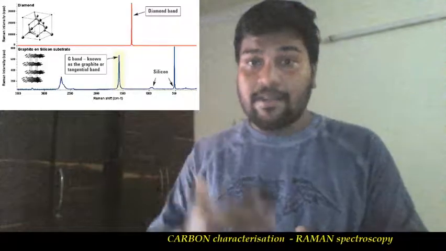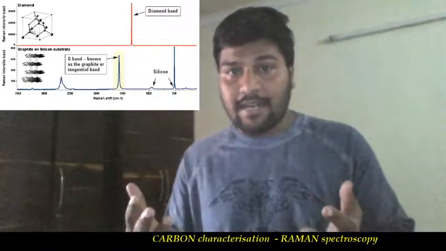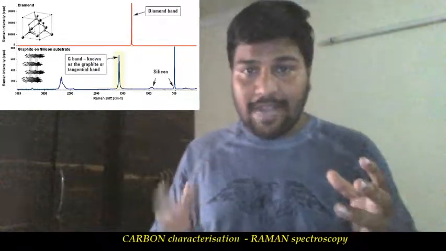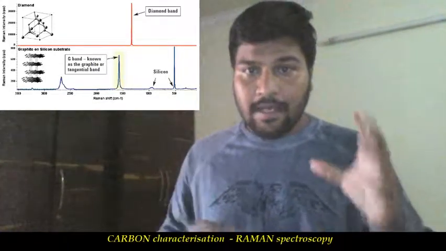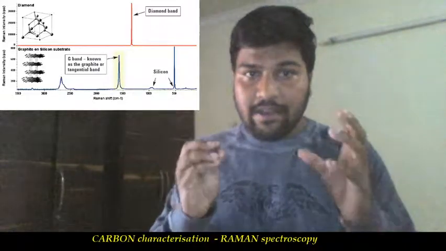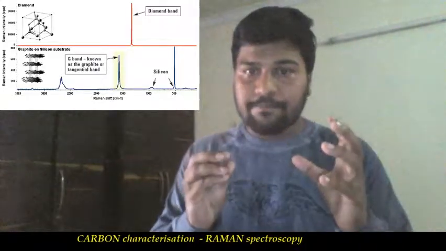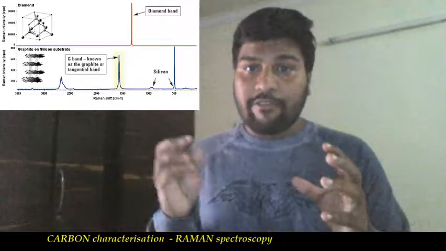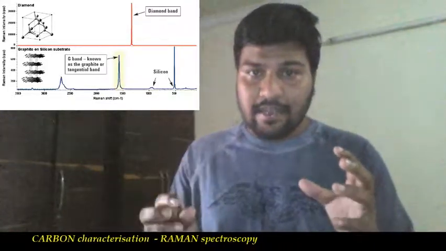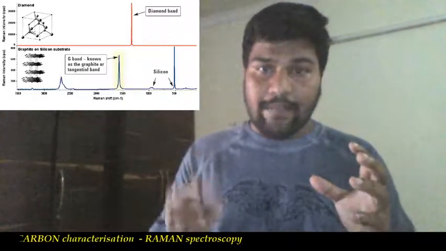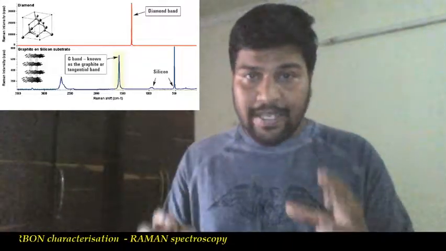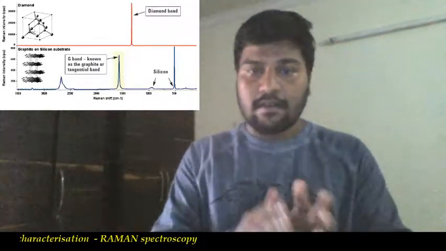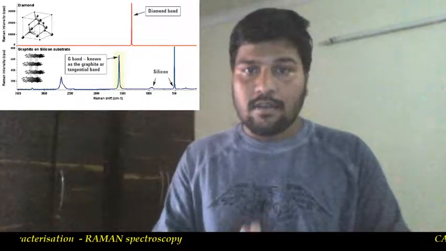And if you want to understand how sensitive Raman spectroscopy is, consider diamond and nanocrystalline diamond. Even though the bond strengths and orientations are similar, because of the finite size effect in the case of nano diamond, the peaks, the vibrational mode, will deviate.